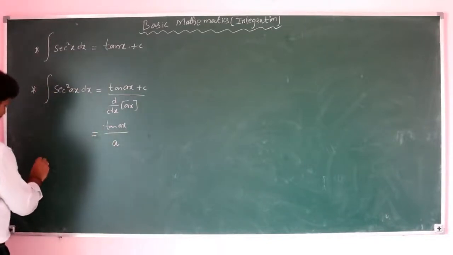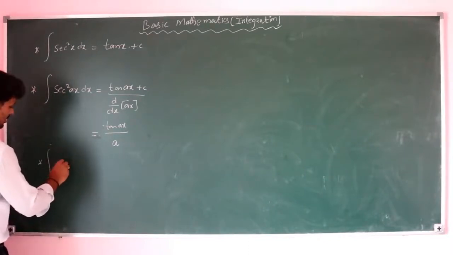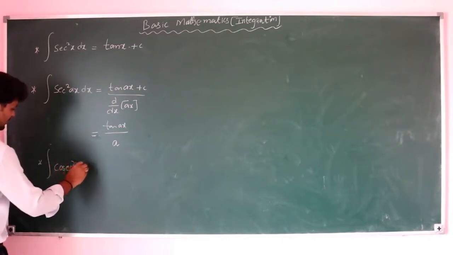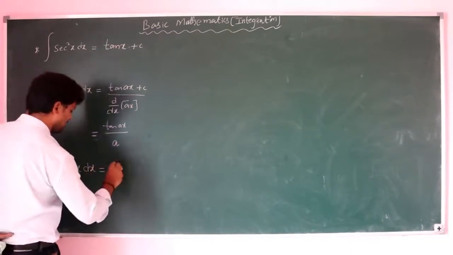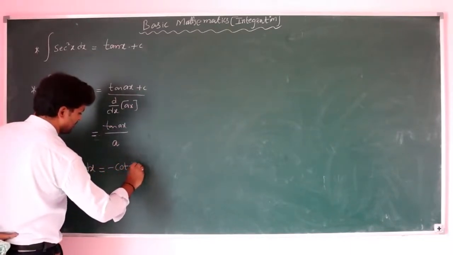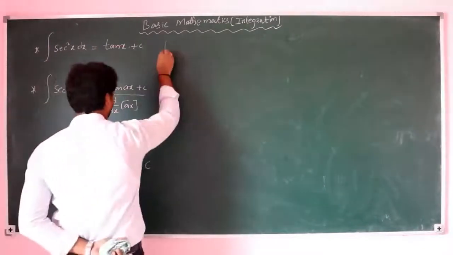Next, integration of cosecant square x dx. Cosecant square x, how much are you getting? Minus cot x plus c.